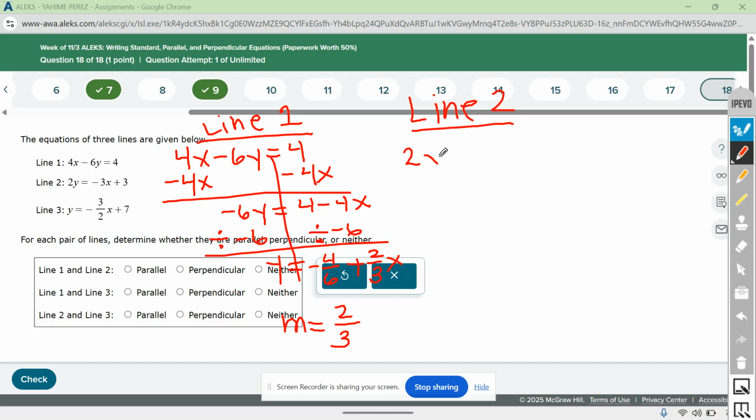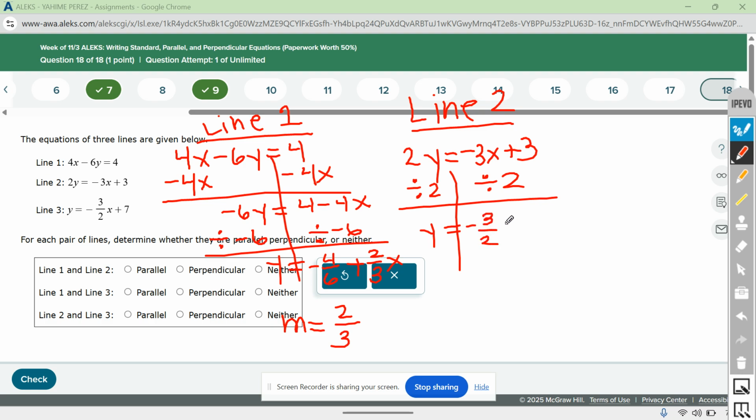We have 2y equals negative 3x plus 3. So y is almost alone. So we're just going to divide everything by 2 to get y alone. So negative 3x divided by 2 is negative 3 over 2x. 3 divided by 2 is also 3 over 2.